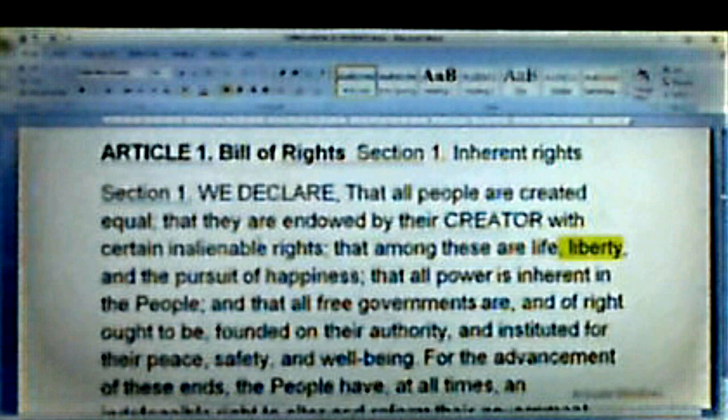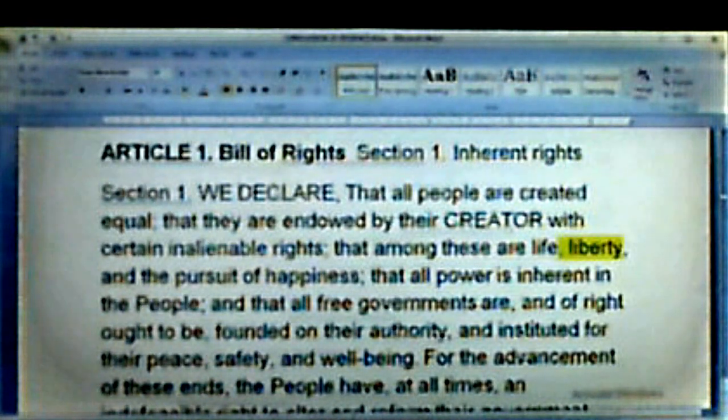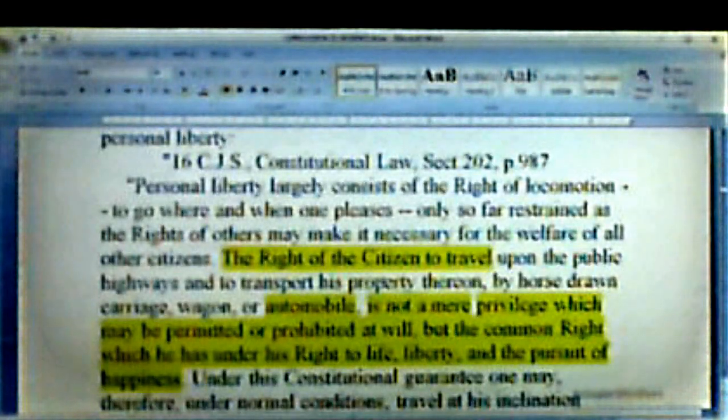And it says, we declare that all people are created equal, that they are endowed by their Creator with certain inalienable rights, that among these are life, liberty, and the pursuit of happiness. Well, this constitutional law up here says that traveling in your automobile is part of your liberty.